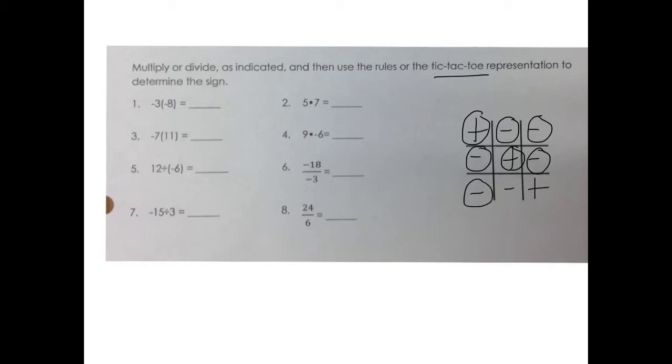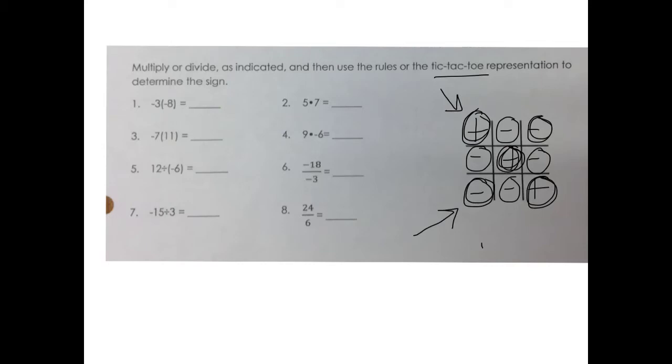But if I do a negative and a negative, I end up with a positive. Same sign, positive. It also goes diagonally this way. Positive times a positive equals a positive. It can also go diagonally this way. Negative times a positive is a negative.